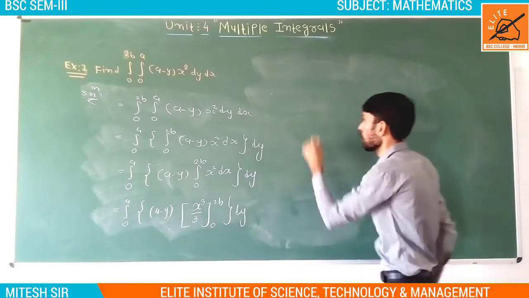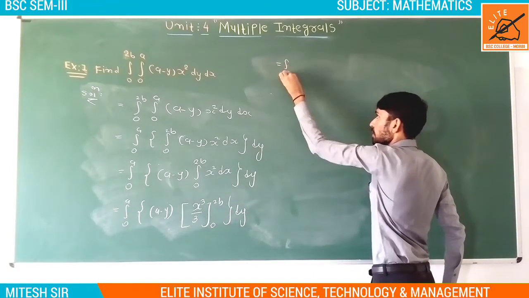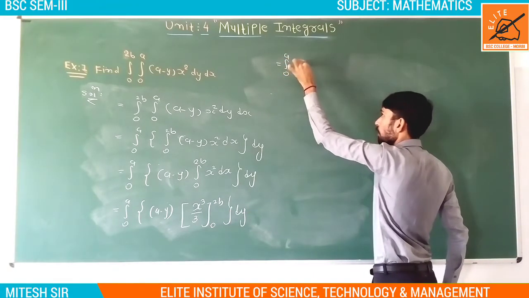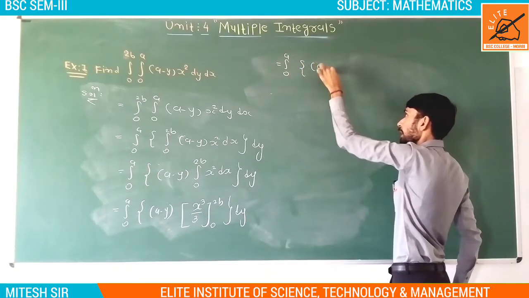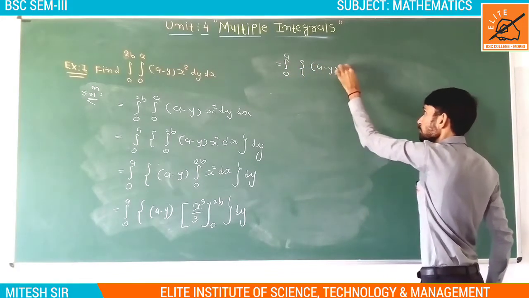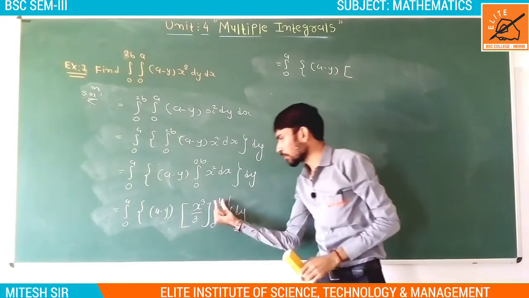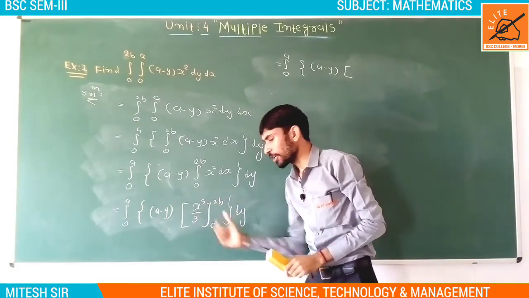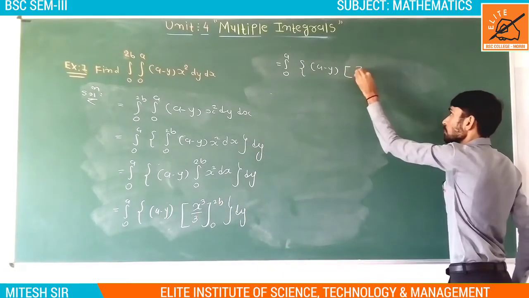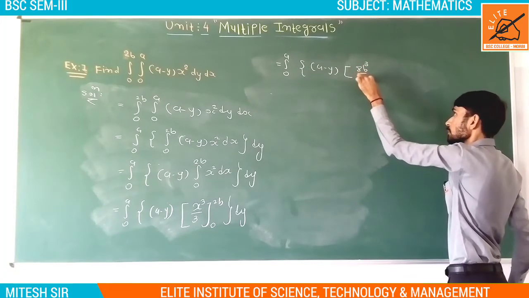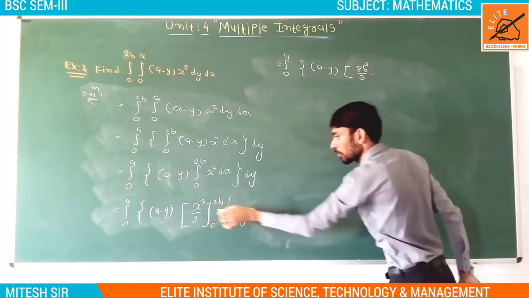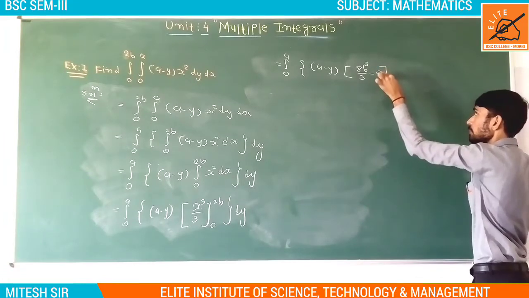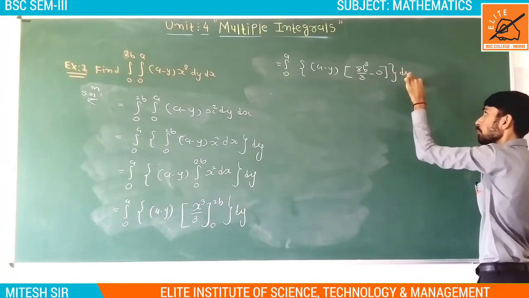Into dy is equal to integration 0 to a, a minus y as it is. The upper limit, friends, is 2b, so 8b cube upon 3, minus lower limit 0, so 0 upon 3 is 0, into dy.